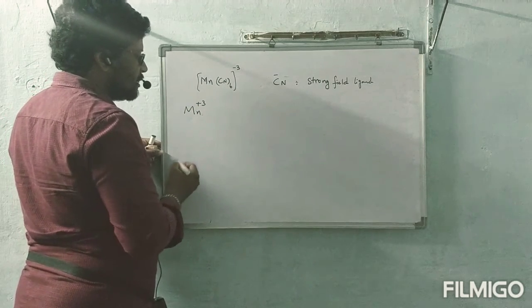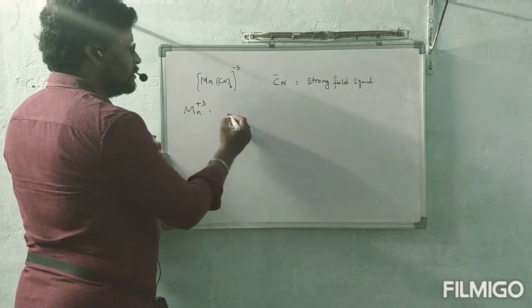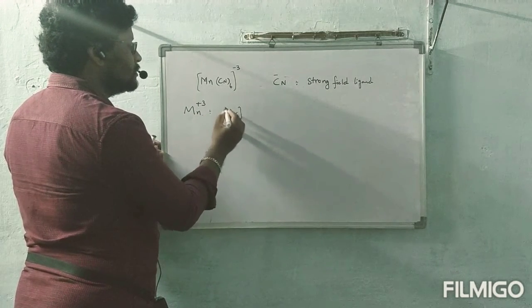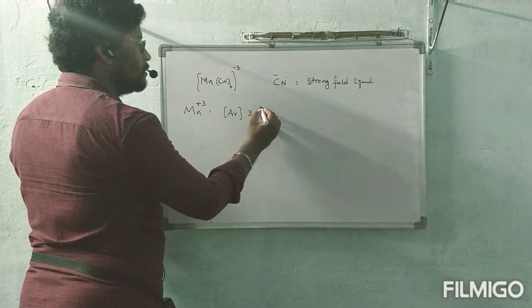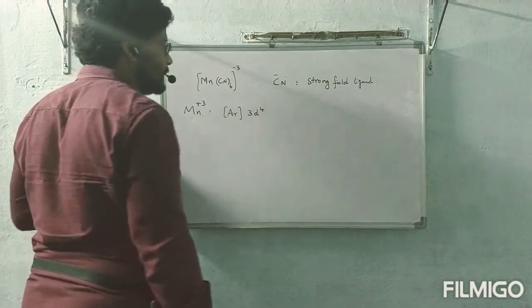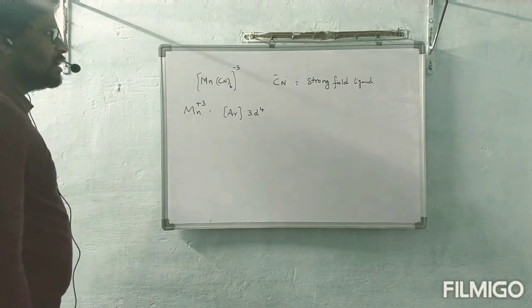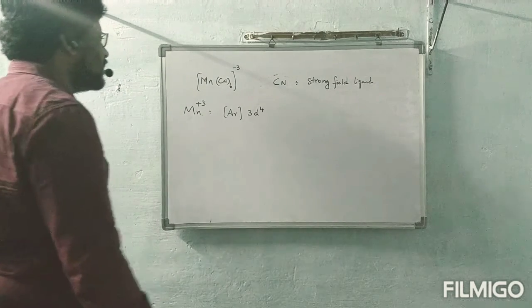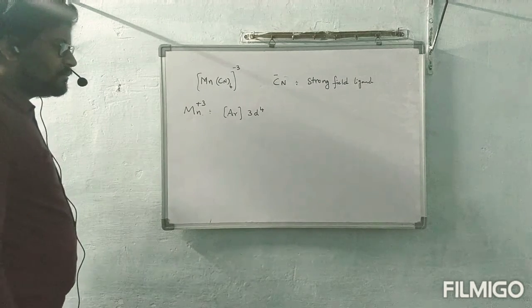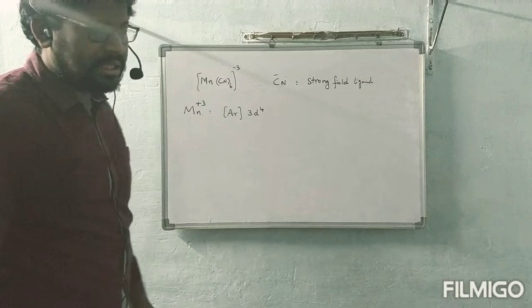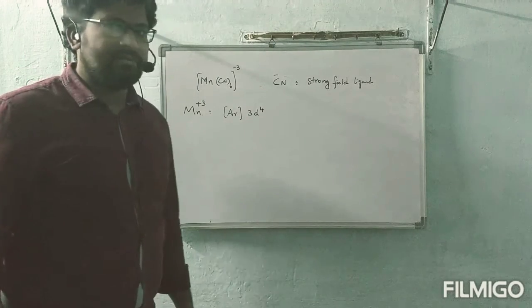This Mn3+ configuration is argon 3d4. What is happening here? Manganese is argon 3d5 4s2.